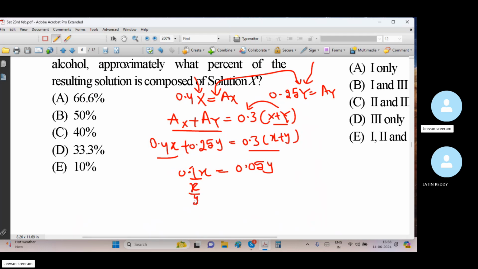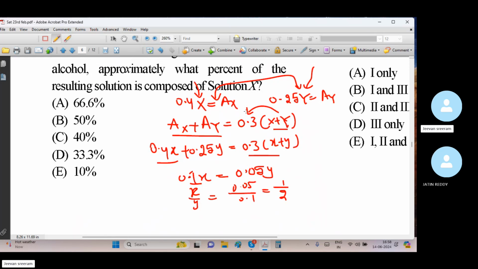So x by y is equal to 0.05 by 0.1, which is 1 by 2. So X has been mixed in 1 liter, Y has been mixed in 2 liters. That's the proportion. Have you got my point, buddy?